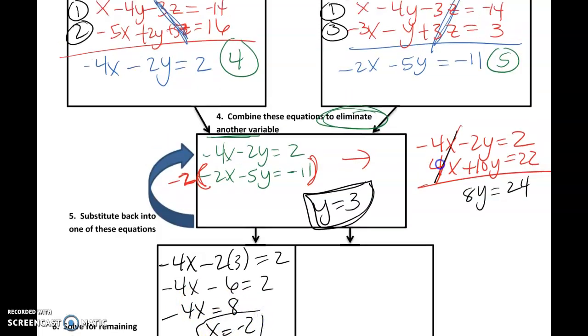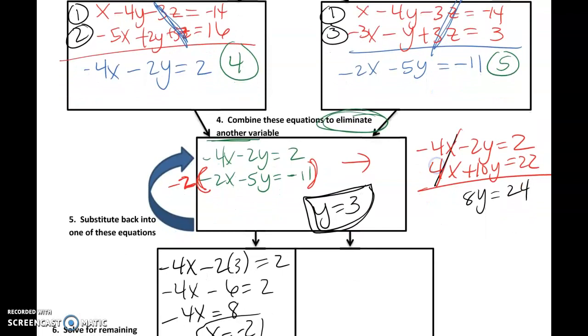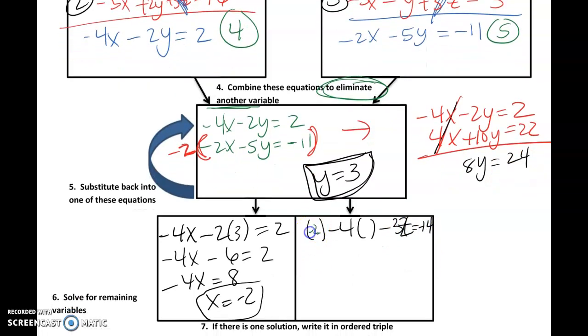If I plug that back into one of my original equations, let's say equation 1, which is x minus 4y minus 3z equals -14. I would have x is -2, y is 3, and I could solve this.